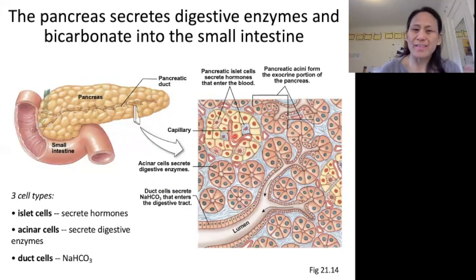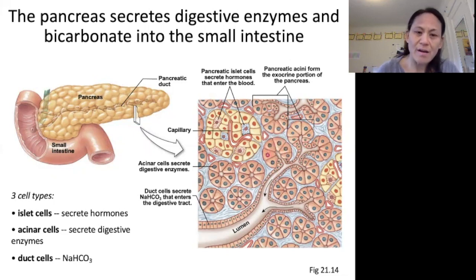So that's where insulin and glucagon are going to come from. I'm not going to really talk about those yet until we get to metabolism, but just want to mention those now. The main ones that we're going to focus on here are these exocrine structures.